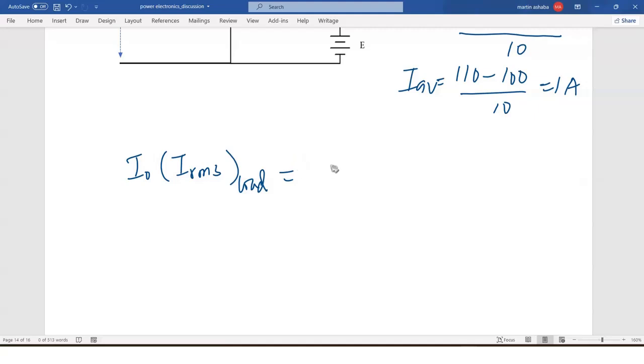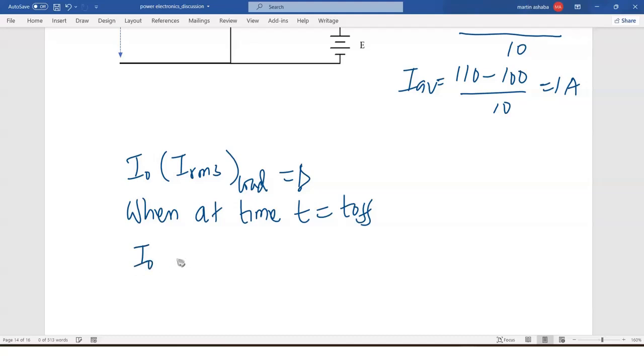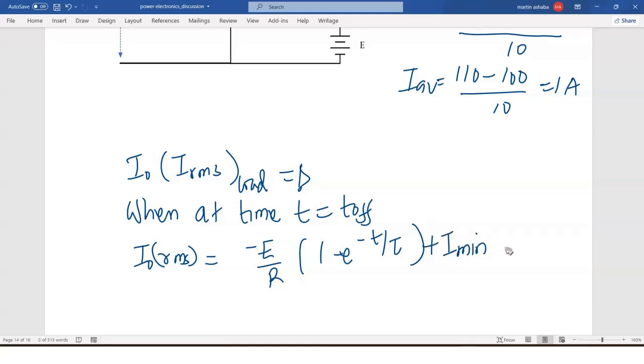When the chopper is off, at time t equal to t off, I naught, the load current, is going to be given by negative E out of R into 1 minus exponential of negative t divided by tau, which is the time constant, then plus I min exponential of negative t divided by tau.